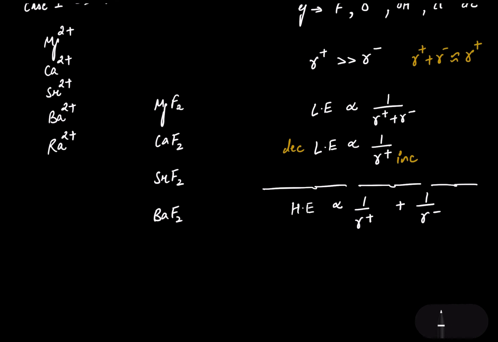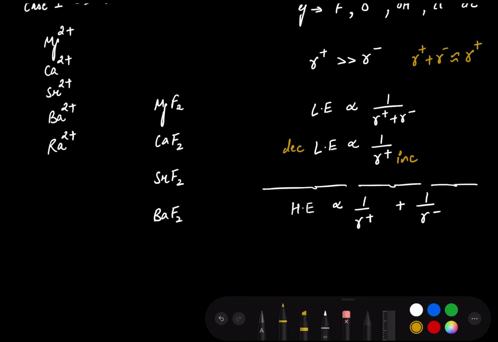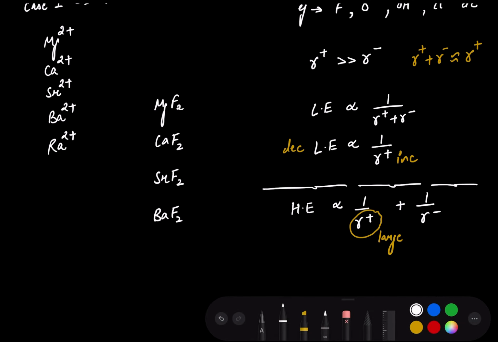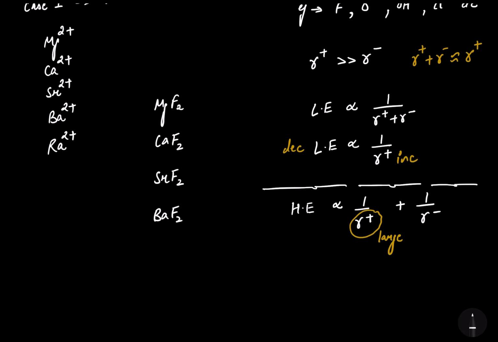Now, here the radius of cation is very large, due to which 1 by r positive will get ignored. We will get a very small value of 1 by r positive, the denominator, that's the radius of cation, being very large. That means our hydration energy will depend only on the radius of anion by inverse proportionality. So hydration energy will be inversely proportional to the radius of anion.